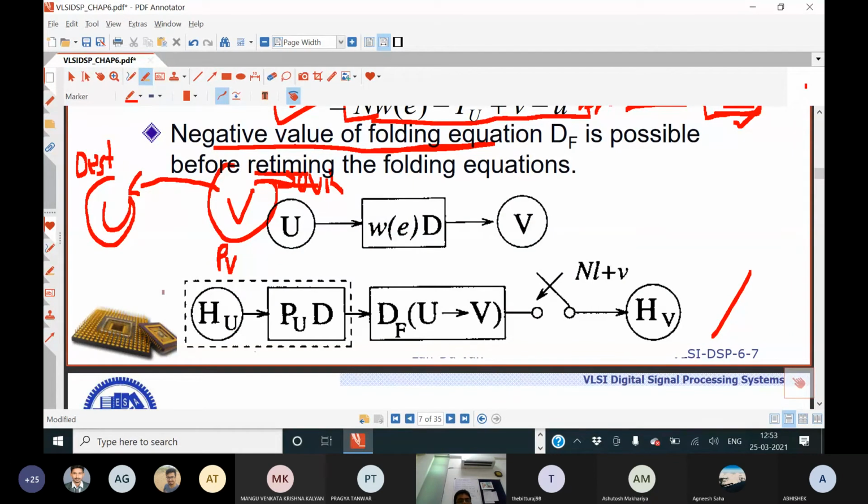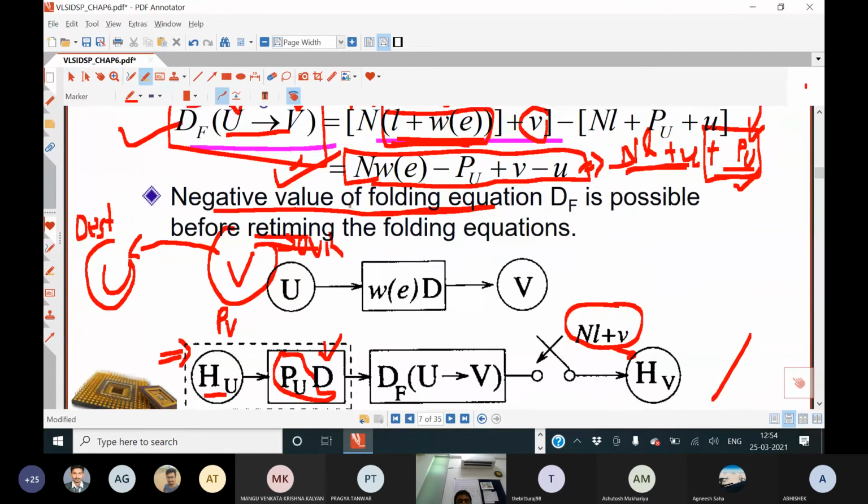Okay, so this will be your final folding concept, where HU is a folded node, PU is the number of pipeline stages, so that many delay elements you need to consider, and then D of U to V, that means U is being connected to V, and that instance is NL plus V for the execution of HV.